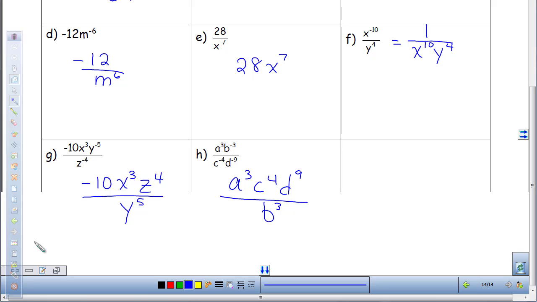Just whatever we moved to the bottom and whatever was already there, unless we moved it away. So, for instance, I had to move z to the negative 4 because I needed it to have a positive exponent. But then w was to the negative 5th, so he came to the bottom. Okay, same thing over here. We had b to the negative 3, so it's on the bottom. Both of these moved because they had negative exponents.